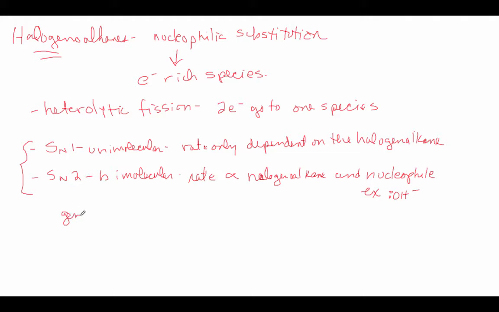Generally speaking, if you're asked to compare rates, the rate of a tertiary halogenoalkane is typically going to be faster than a secondary, which is typically going to be faster than a primary.